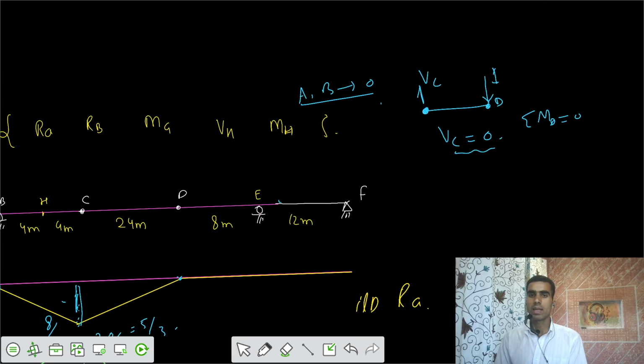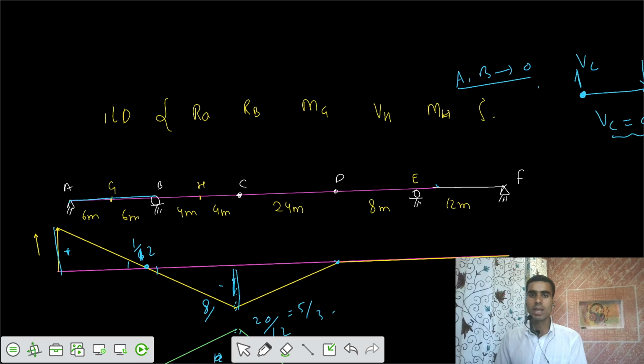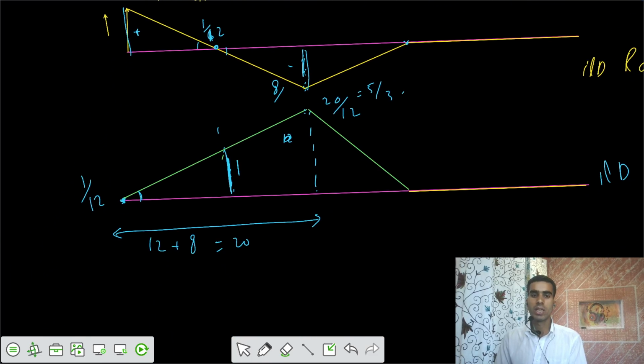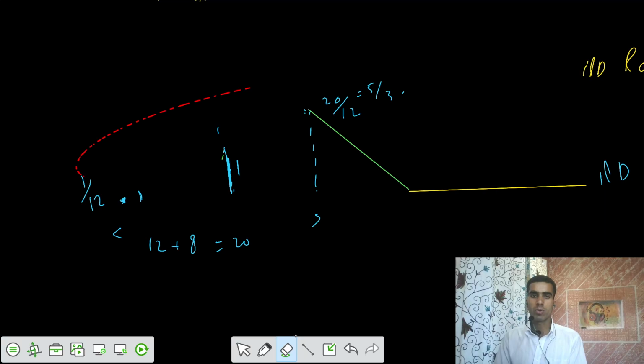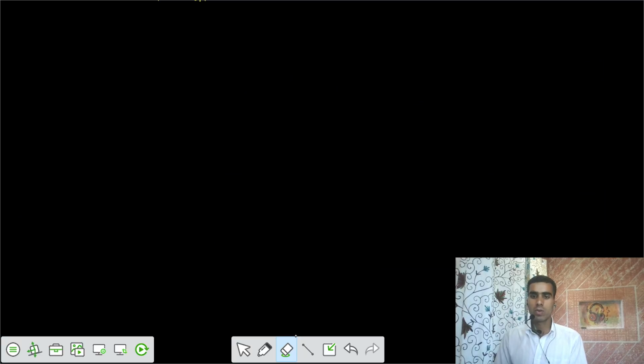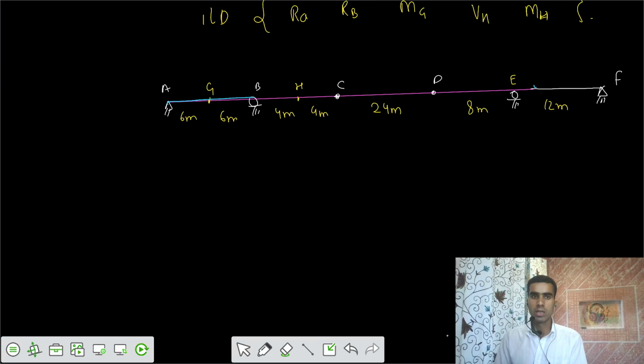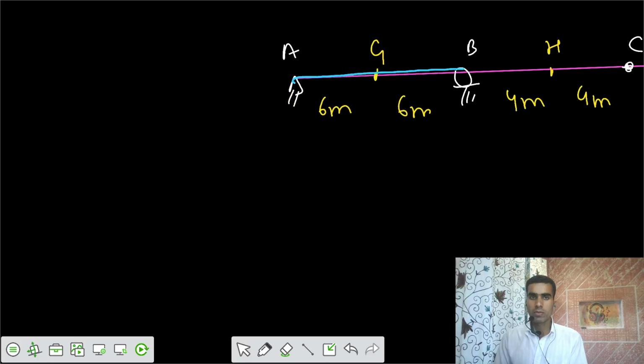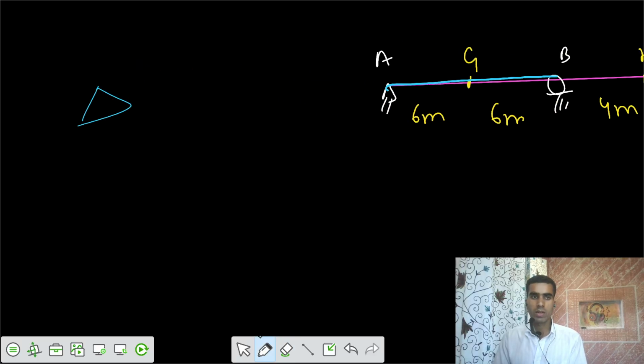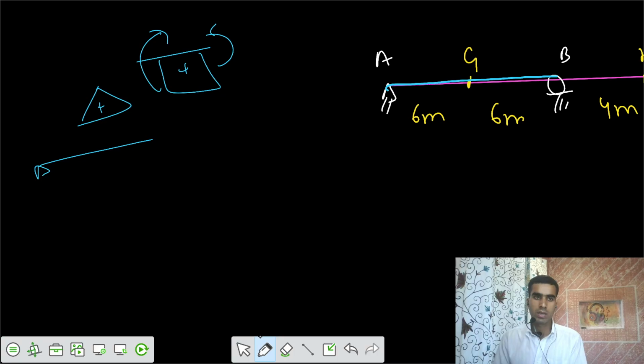Now the third one is to get the moment at G. Now we are going to remove these ones. So moment at G. For the simply supported beam we have this positive moment diagram. That means this should be the variation, and for this one, if this is clockwise, this one should be anti-clockwise.